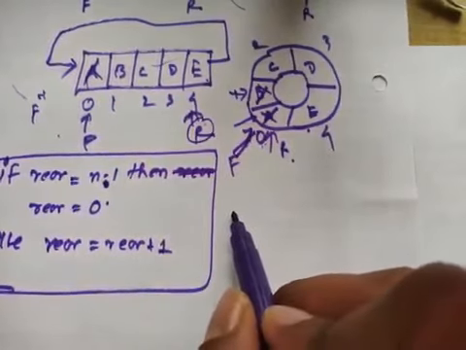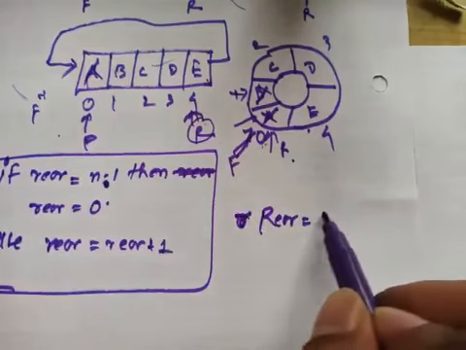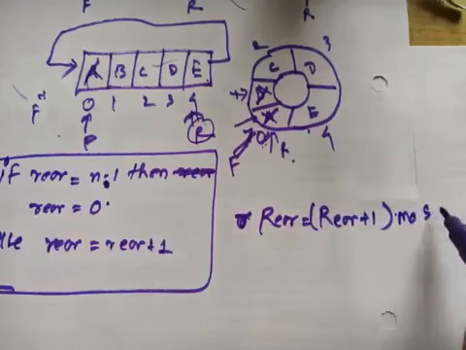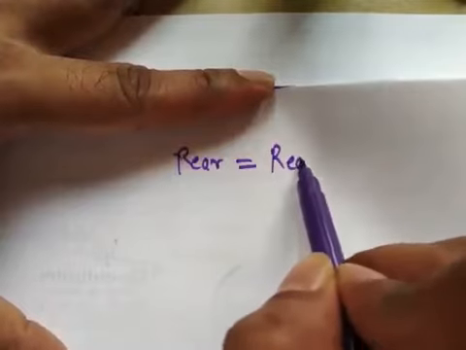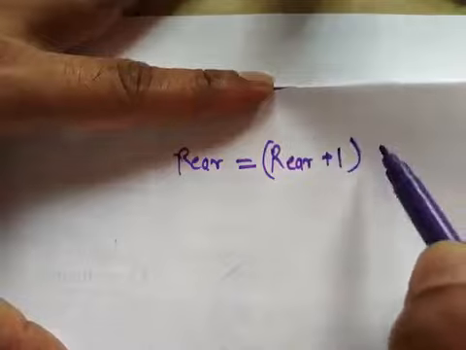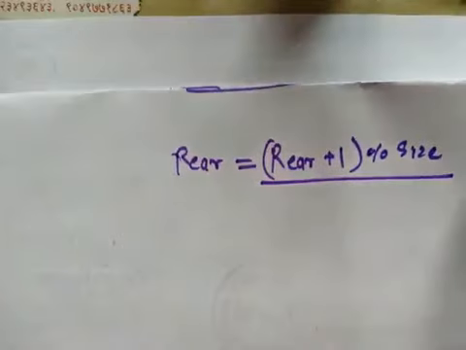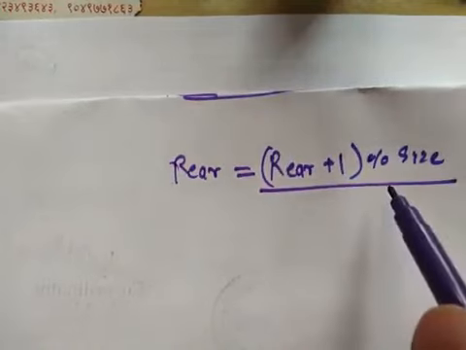So to find the rear position in a circular queue, we are going to use the simple formula: rear is equal to rear plus 1 modulus of the size of our array, since we are going to implement the circular queue using an array.